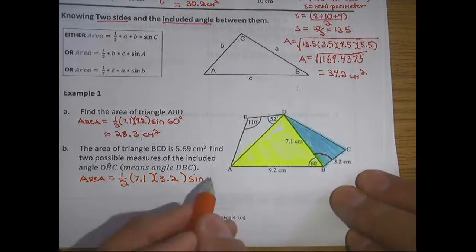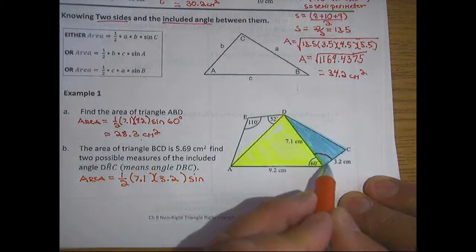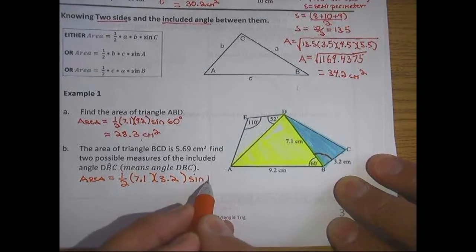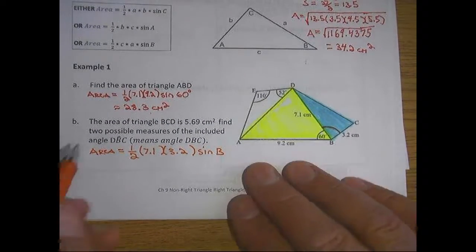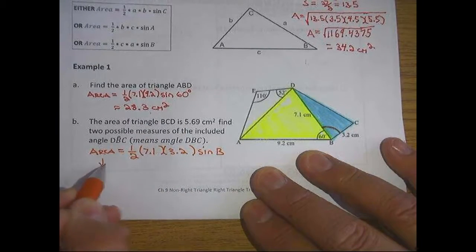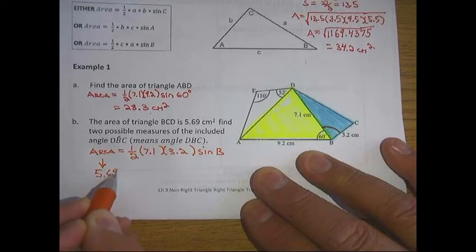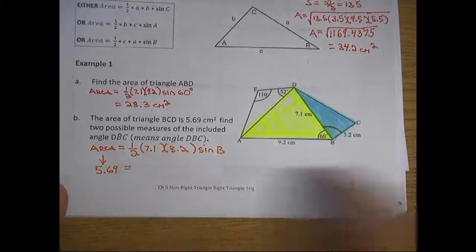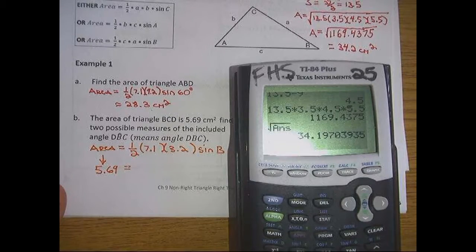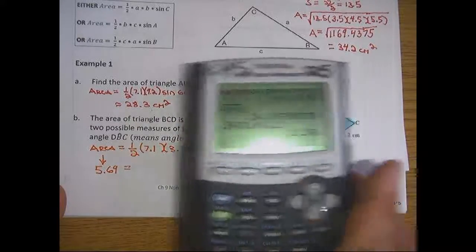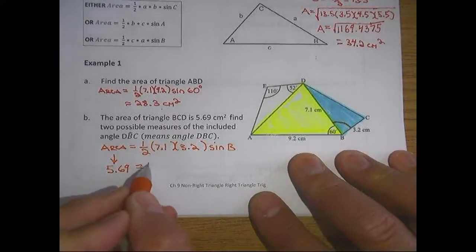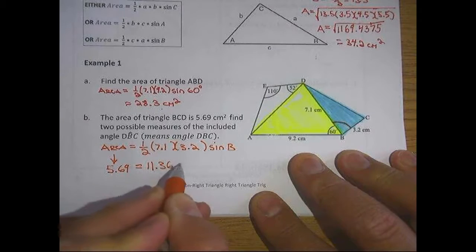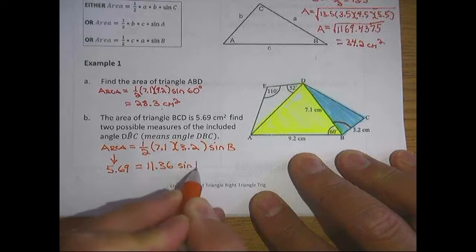So I'm going to call this angle B in the blue triangle. Okay, now we'll fill in our area. 5.69. Okay, let's do this. So 1/2 times those. That's 11.36. Sine B.